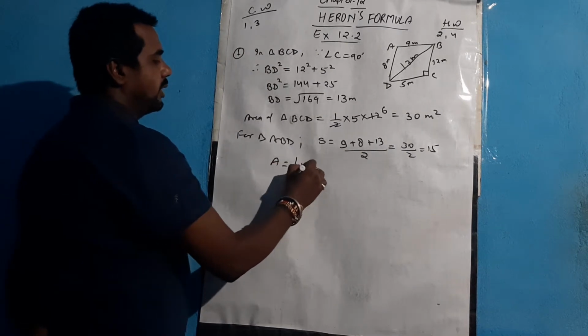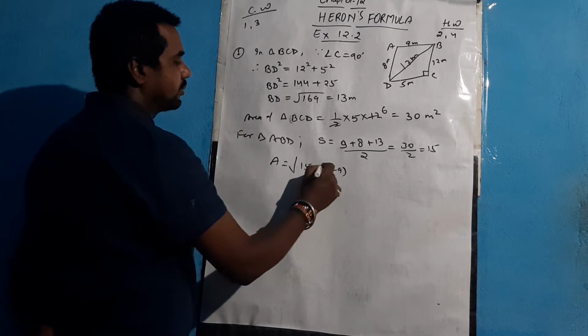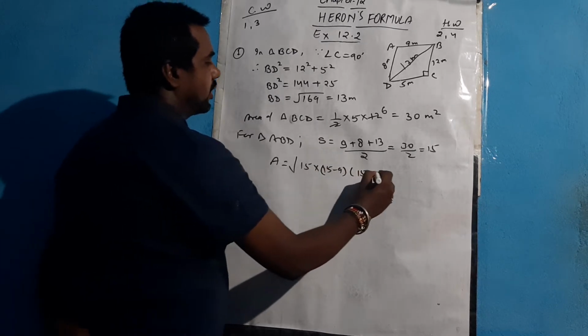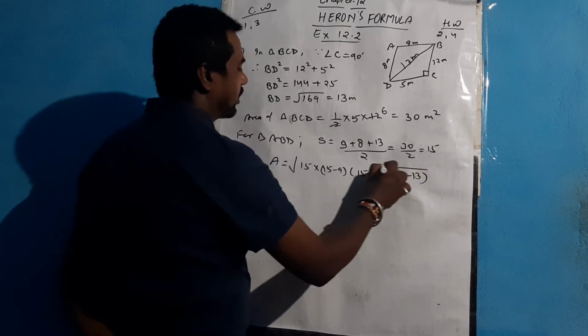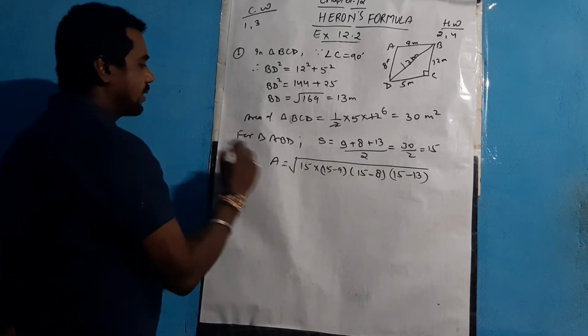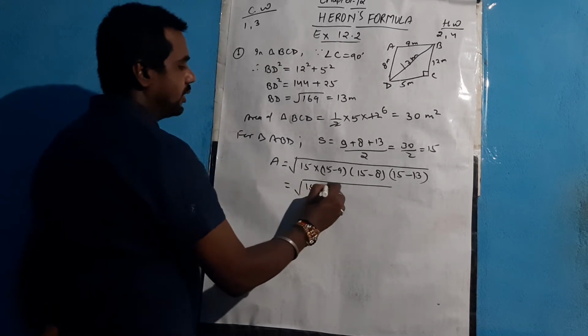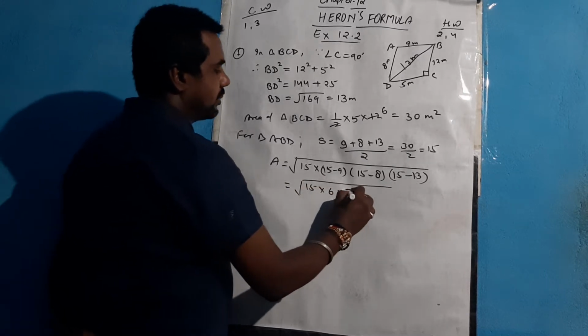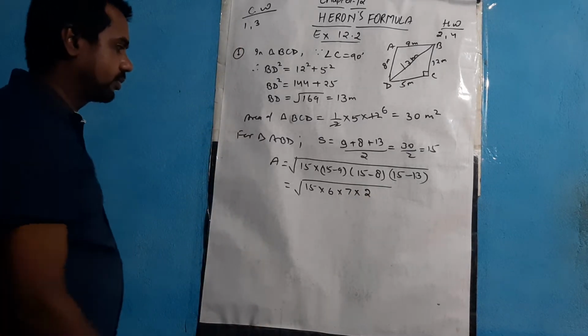So the area will be root of 15 into 15 minus 9, 15 minus 8 and 15 minus 13. So this becomes 15 into 6 into 7 into 2.